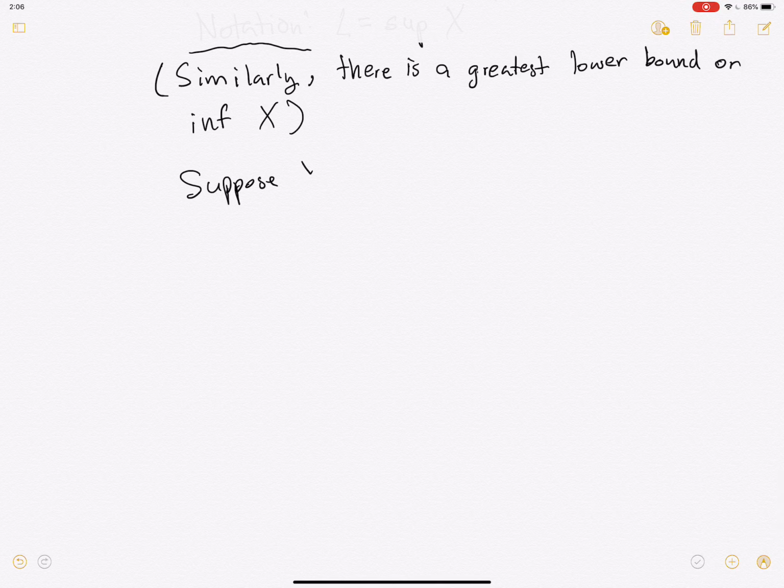Suppose, let's call it y this time, a subset of R bounded below, with a lower bound.